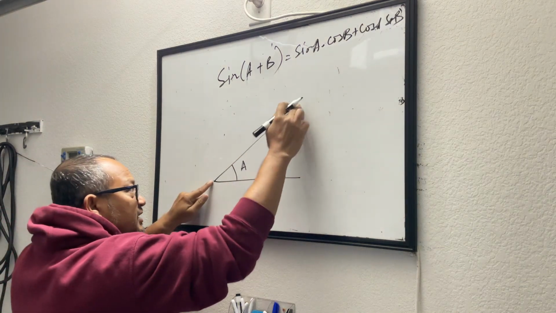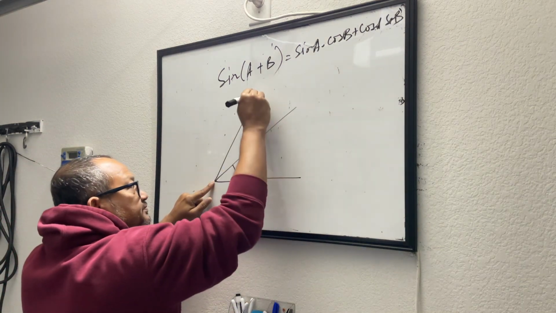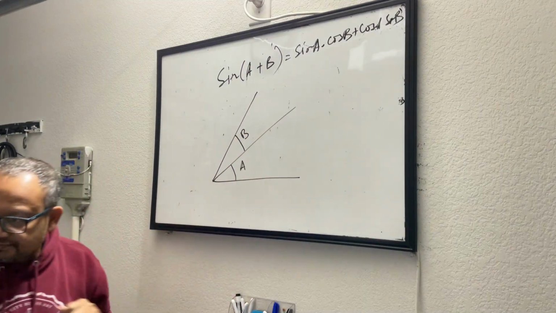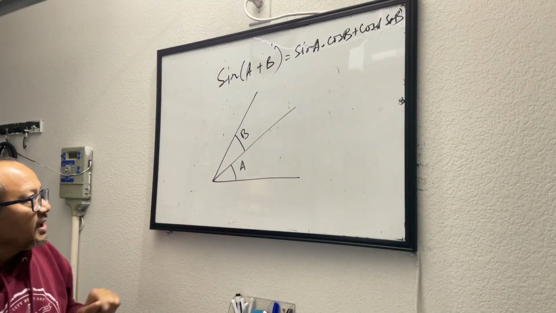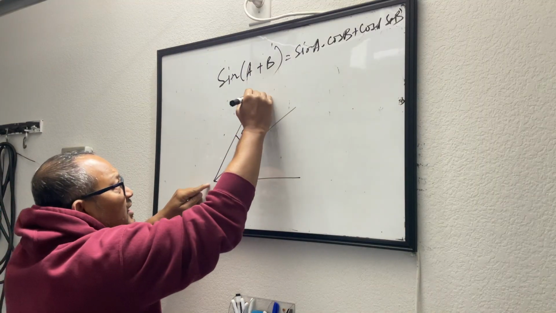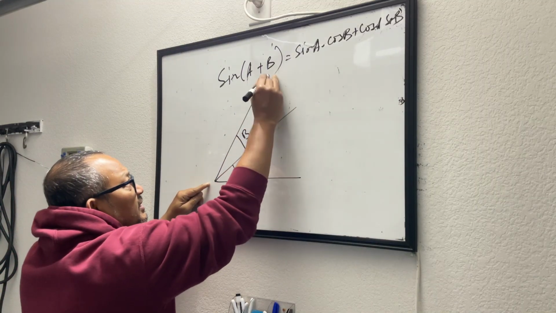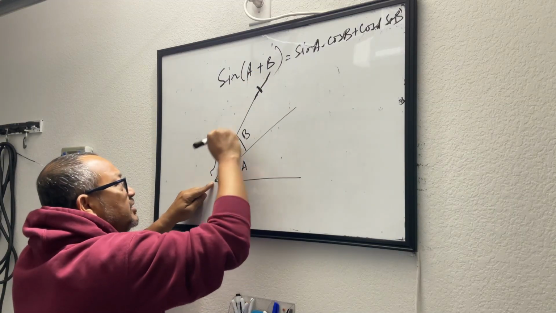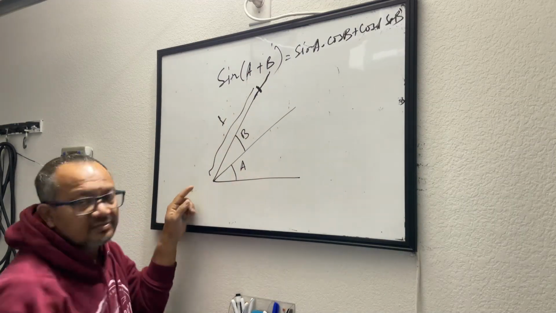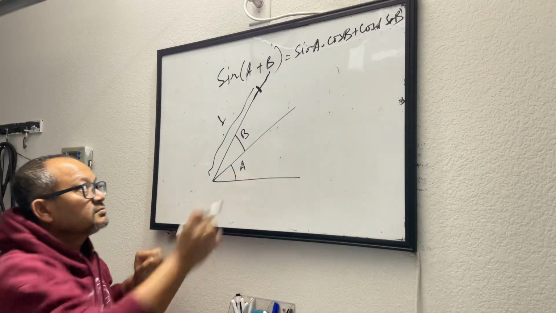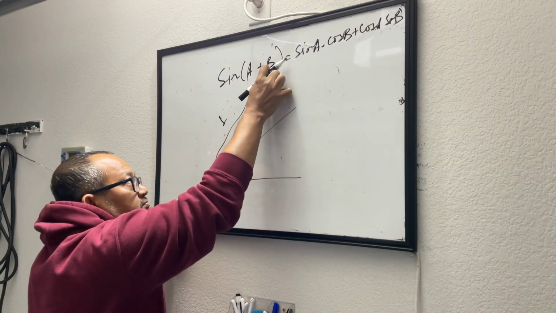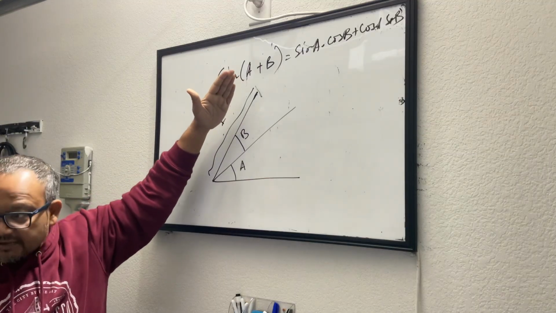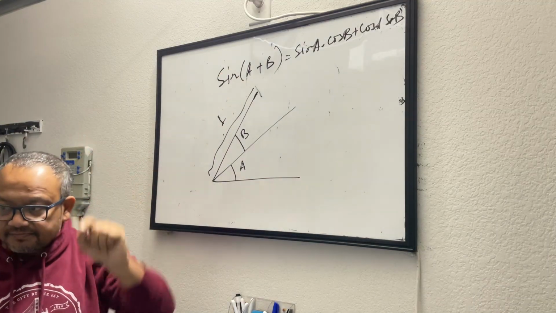Now, on this line, I'm making angle B. This angle here to here is B. Let me mark a place on this line where it is 1 unit, meaning here to here it is 1. So this length of this line segment that you see is 1 unit.